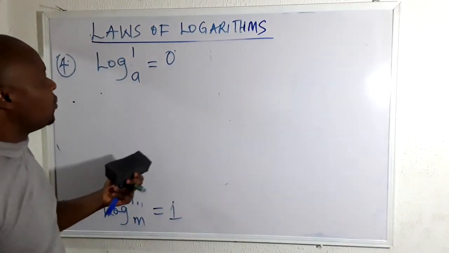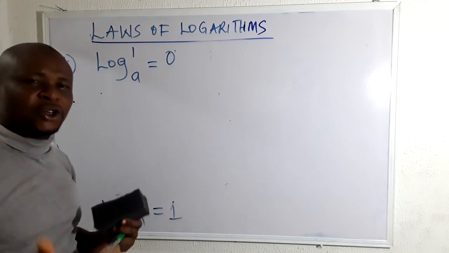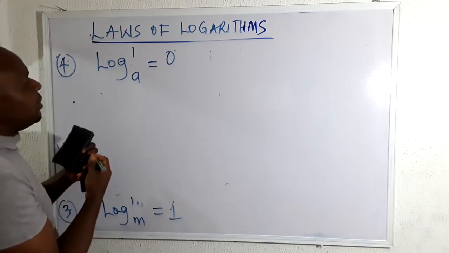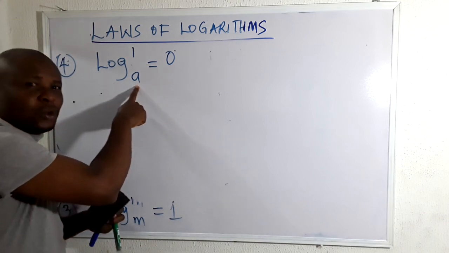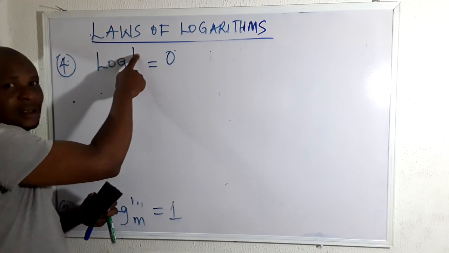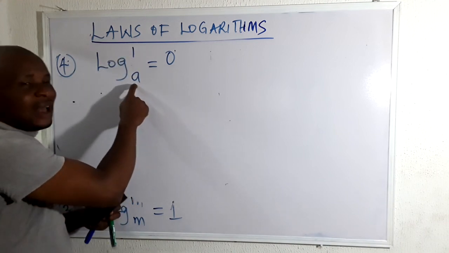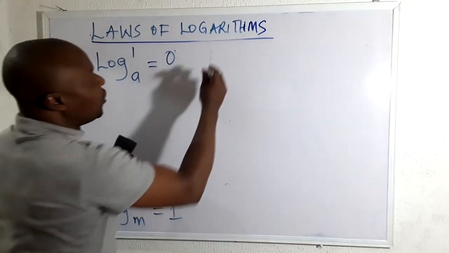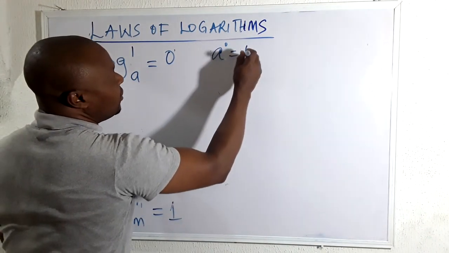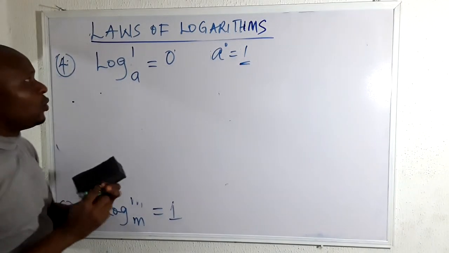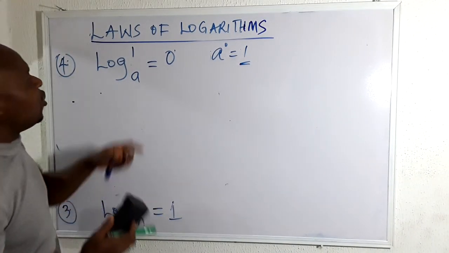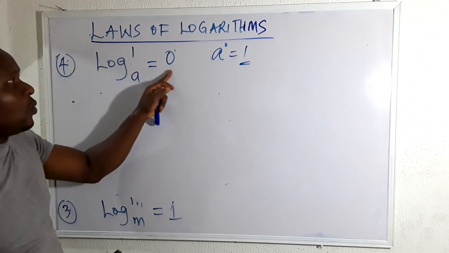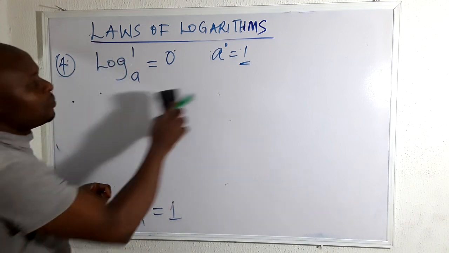To interpret this, we can use the definition of what logarithm is to explain this. Now, what will be the power that a will be raised to give us 1? The only power that a can assume to give us 1 is 0, because of course a raised to power 0 is 1. Okay, so in logarithms, the log of 1 to any base is equal to 0. So that's pretty much the fourth law.